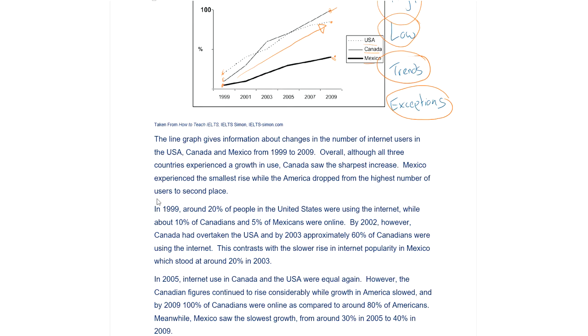You'll see I've got three clear paragraphs, and you should notice that the paragraphs are more or less the same length. I'm going to suggest that you stop this video now and take your time to read through the essay. When you're finished doing that, you can press play and we'll have a look at the structure.